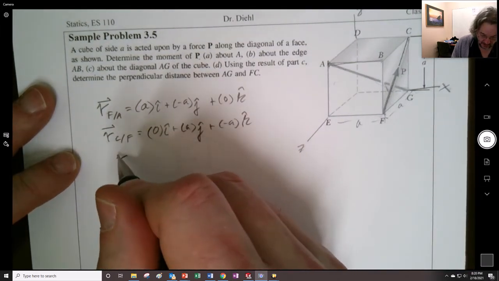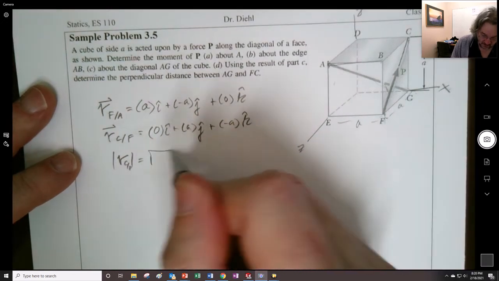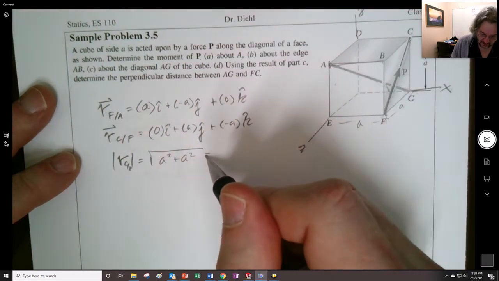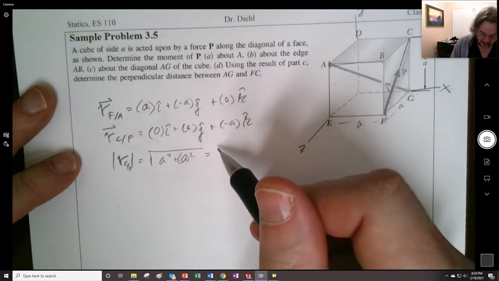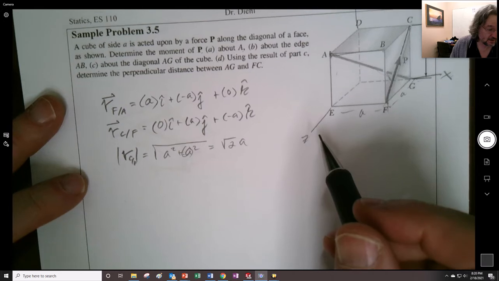So now we want to have the magnitude of this. Square root of A squared plus A squared plus negative A squared, I guess, huh? Right? So square root of 2 A. Not hard to do.